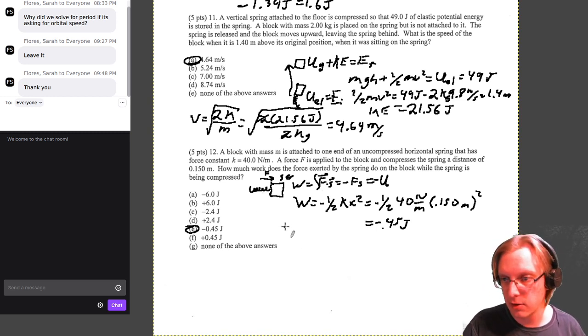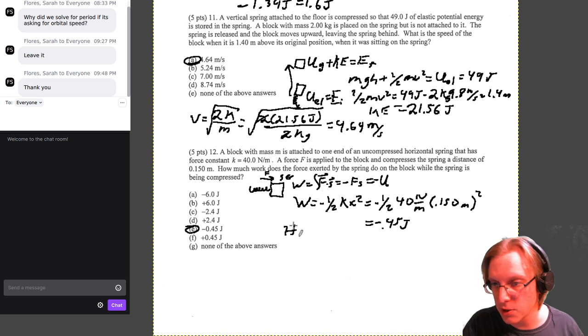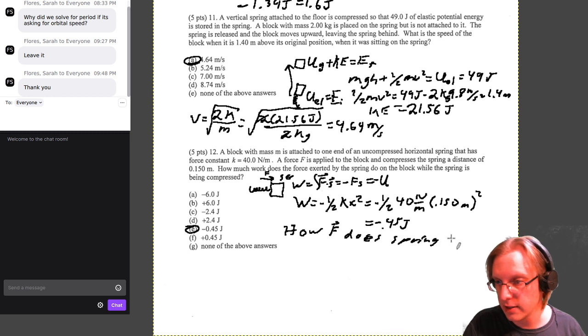How far? Let's see, force. I've got a spring constant here, I have the energy stored in it, and we have the distance. So if the question was instead, how much force does the spring give, or the force applied to the block by the spring, then we would have to go F is equal to minus kx.